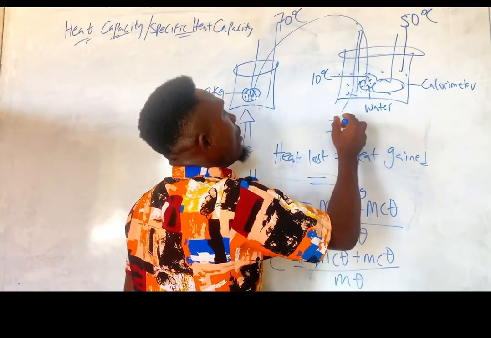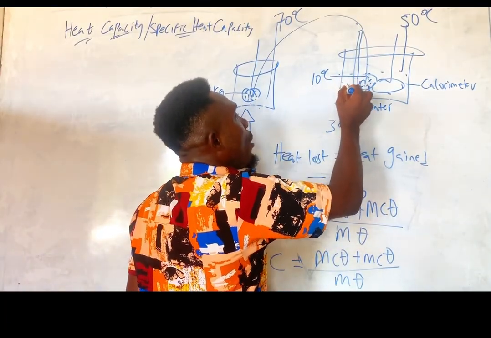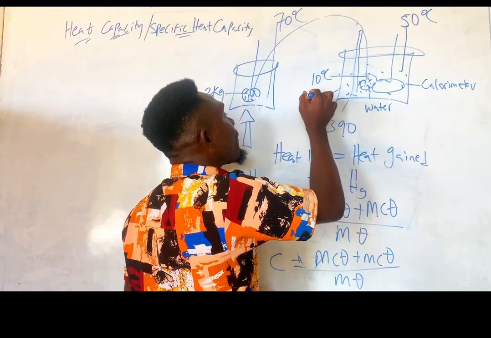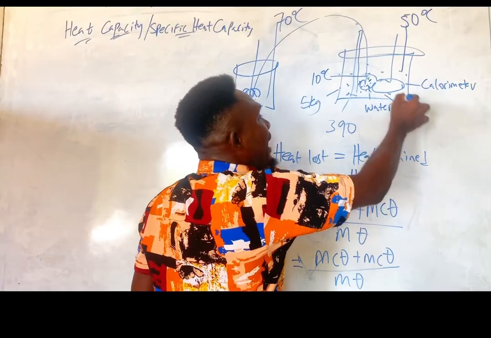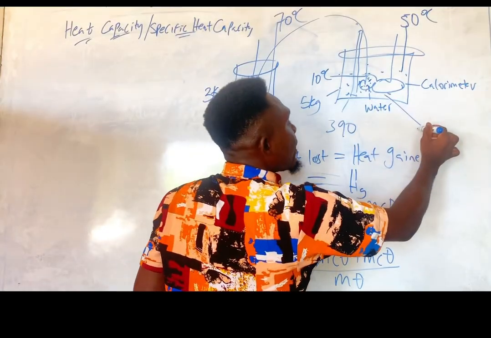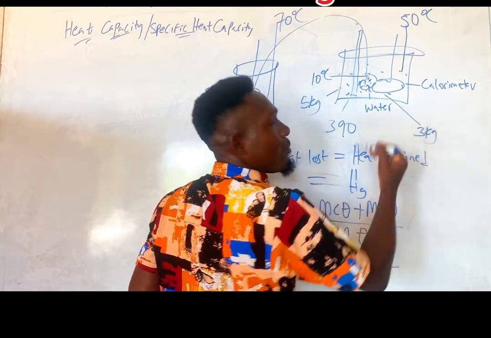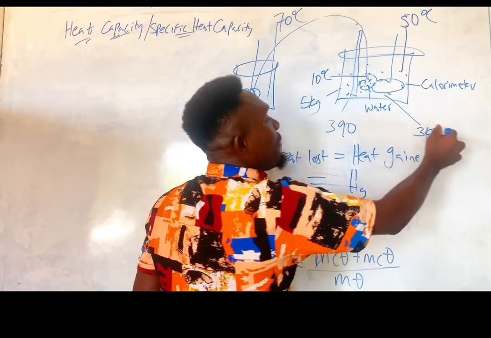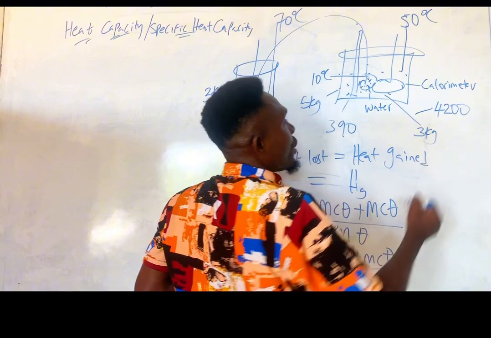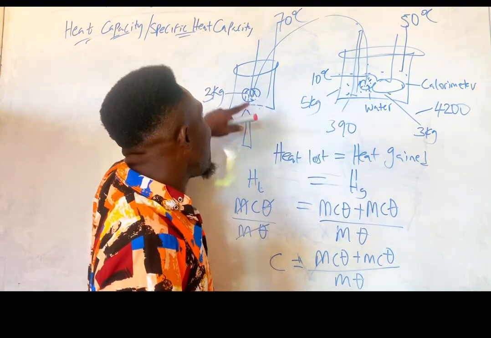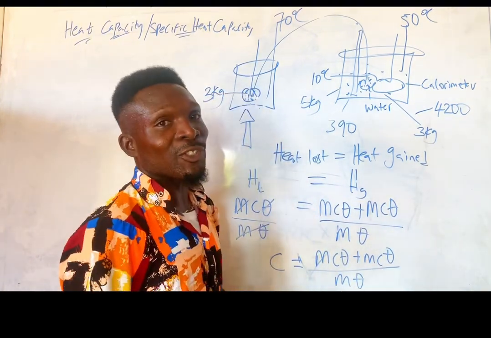And then this copper calorimeter weighs, let's say, 5 kilograms. And then the water inside this container weighs 3 kilograms. And the specific heat capacity of water is 4,200. Determine the specific heat capacity of this substance.